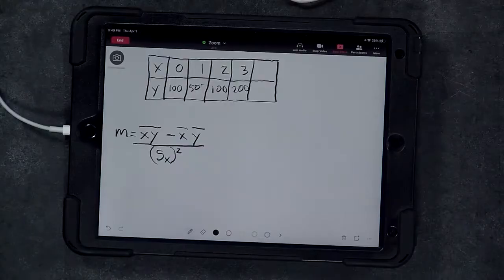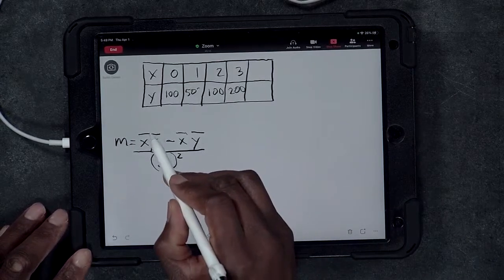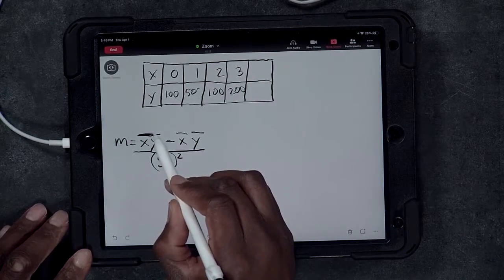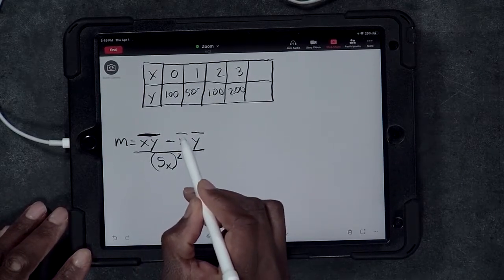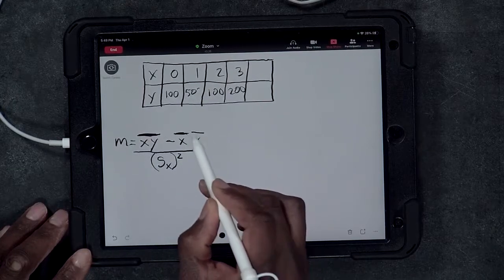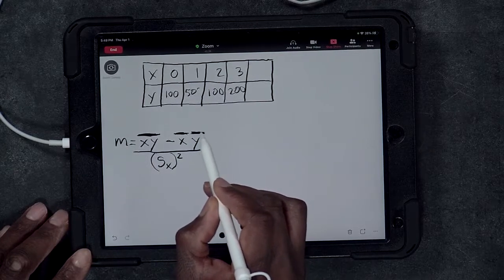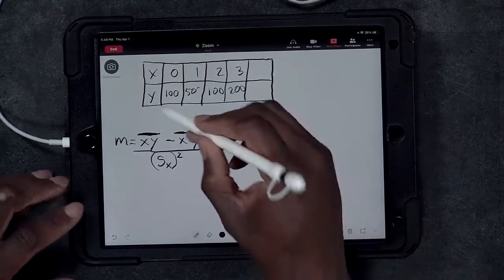All right? So now this bar here means average. Find the average of the product of x and y. This bar here means find the average of the x's. This bar here means find the average of the y values.